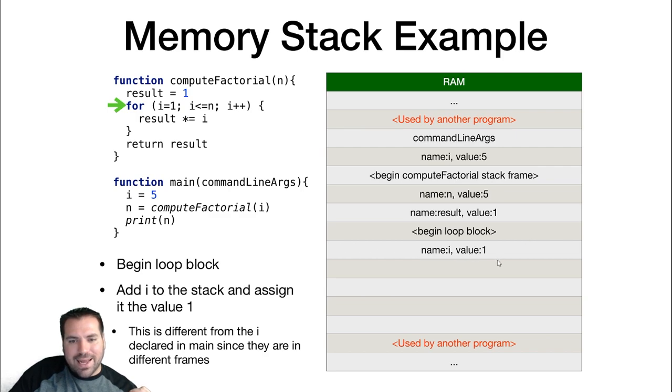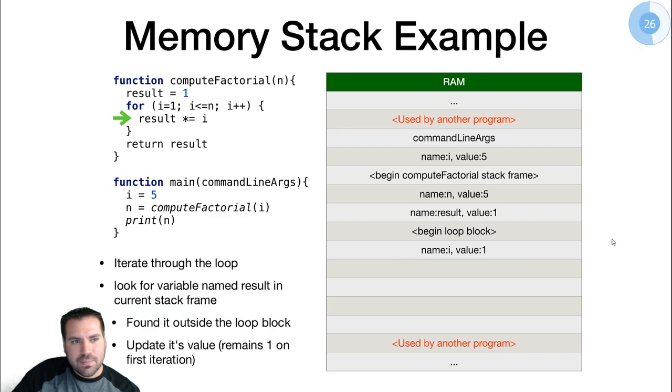So we're adding I to the stack inside the loop block, hitting result times equals I. So we look for result inside the loop, or actually first we look for I. We look for I inside the loop block. We find it. It has value 1. So the right-hand side resolves to 1. And then we look for result inside the loop block.